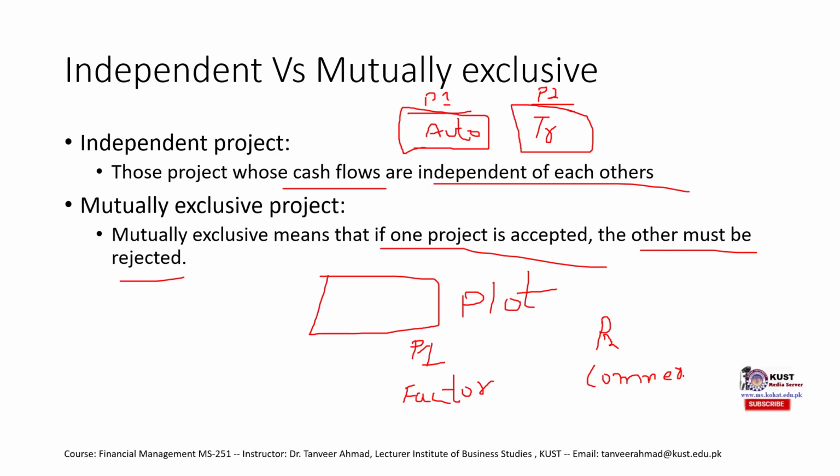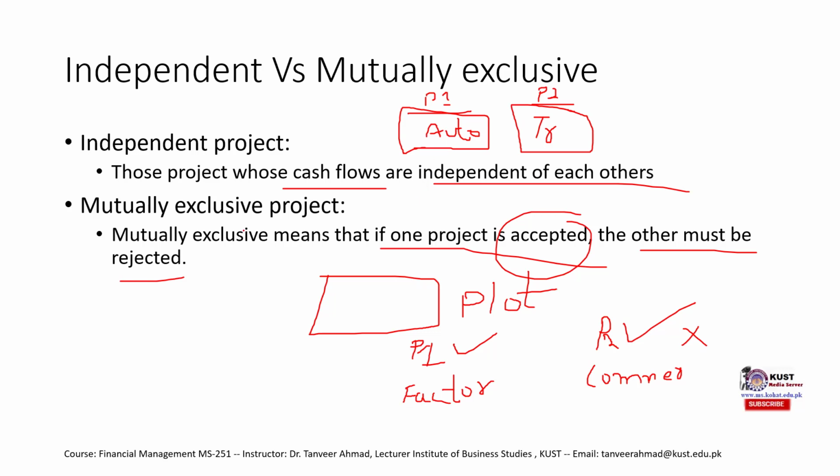In both those cases, you are either going to choose project A or project B, project 1 or project 2. So now these two projects are not independent. That means if one project is accepted, the other would have to be rejected. So their cash flows are not independent. So this is the idea of independent and mutually exclusive project.